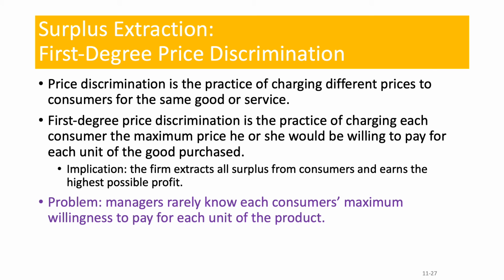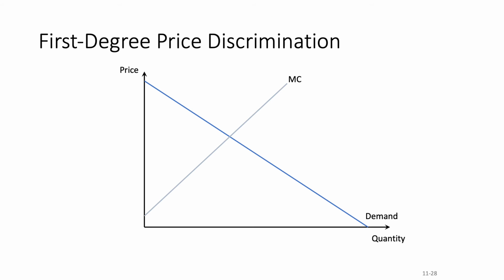The goal of first-degree price discrimination is pure surplus extraction. So this is a method of fully extracting the entire consumer surplus. In this case, you're trying to charge each customer their maximum willingness to pay for the good, thereby completely erasing consumer surplus. The problem is that managers rarely know each consumer's maximum willingness to pay for each unit.